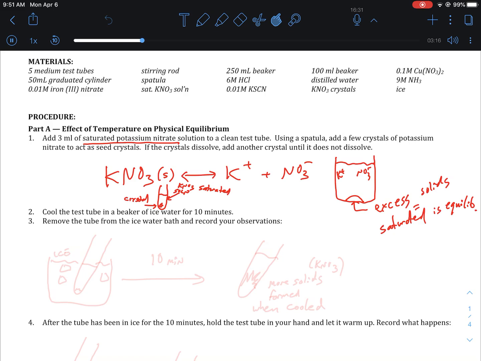And then we put it in an ice water bath. So imagine having a beaker, a bunch of ice cubes, and we observed what happened.